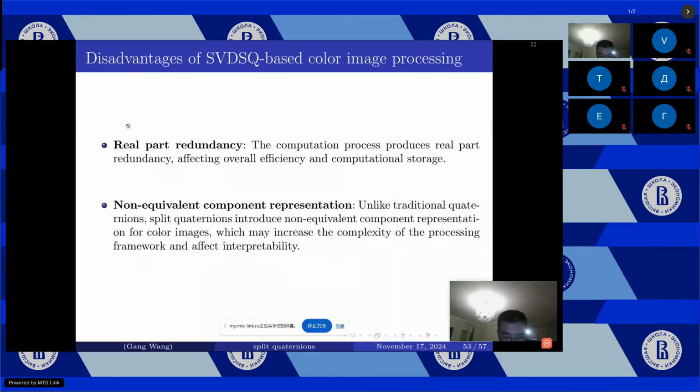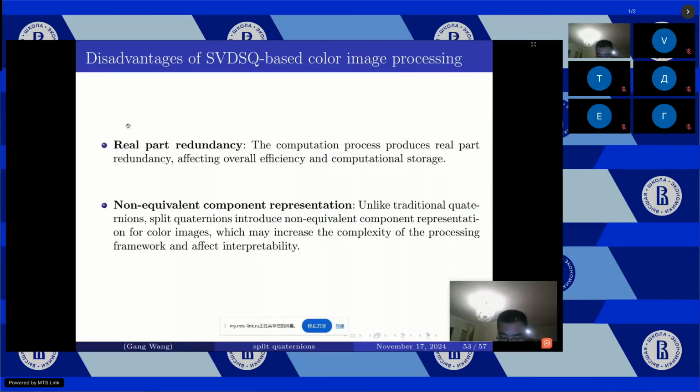The disadvantages of SVD-SQ based color image processing include real part redundancy, where the computation process creates redundant real components that can negatively impact the overall efficiency and increase storage requirements.